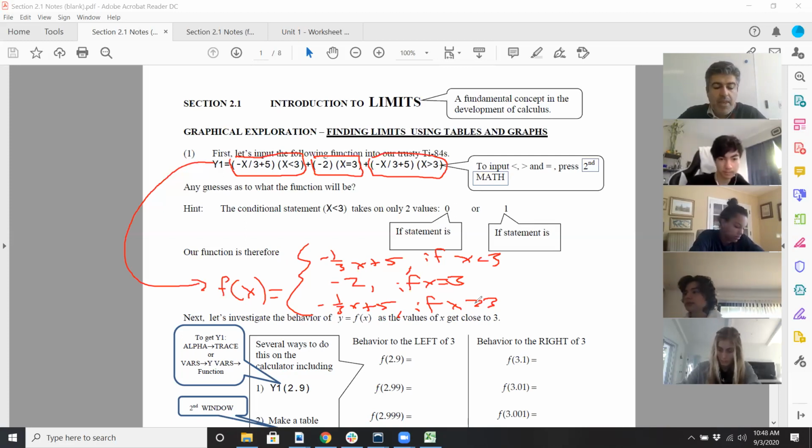Now, if you hit mode, there are a bunch of different things here. If you go all the way down, you see where it says Math Print and Classic. I have Classic highlighted. The default is Math Print. Math Print is the more recent operating system for the calculator.